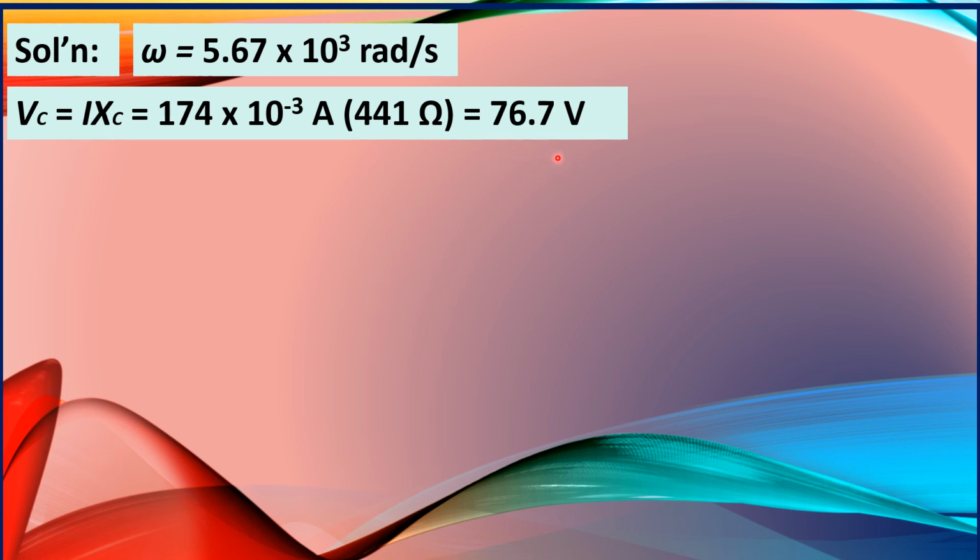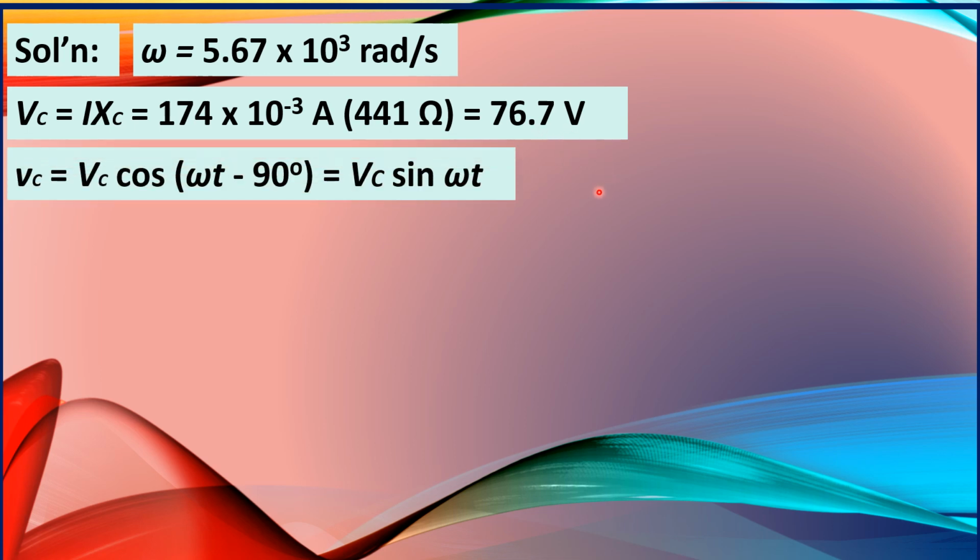So we can now express the instantaneous voltage across the capacitor, small letter v sub C, which is equal to capital V sub C multiplied by the cosine of omega t minus 90 degrees, which when converted to the sine function is capital V sub C multiplied by sine omega t.